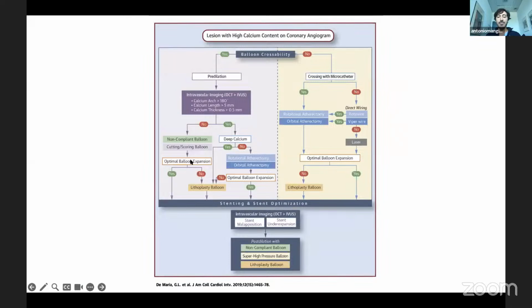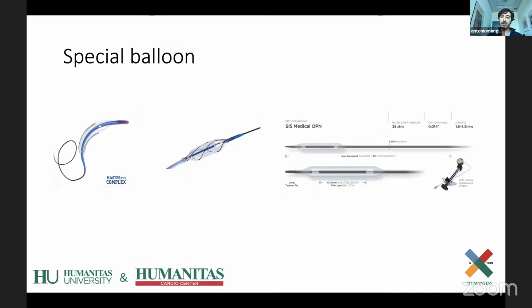Also some algorithms. I think this is something that is redundant, but let's just say that we have to look at balloon crossability, and according to most of the available algorithms in calcium modification, an important role is played by the special balloons or the non-compliant balloons that can be utilized to test the lesion and to try to understand if the lesion can be prepared.